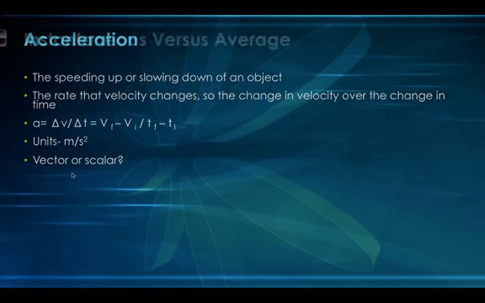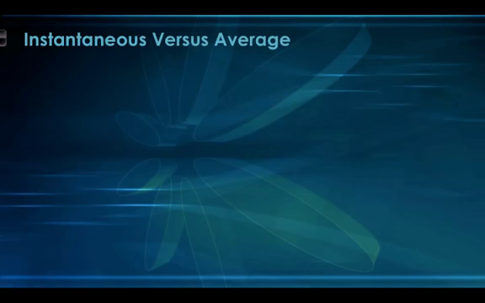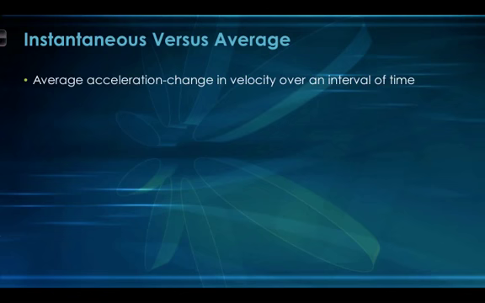So we have instantaneous and an average acceleration. Just like we had an instantaneous velocity and an average velocity, we have an instantaneous acceleration and an average acceleration. So it is pretty much just like the velocities. Average acceleration is the change in velocity over some period of time. So what was the acceleration over 5 seconds, over 10 seconds?